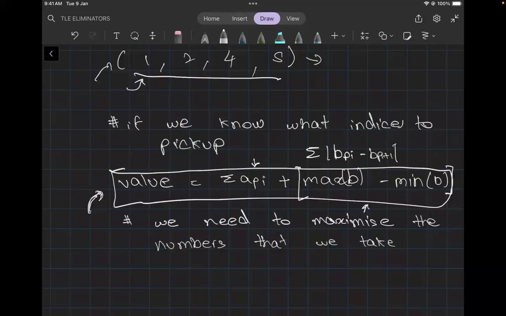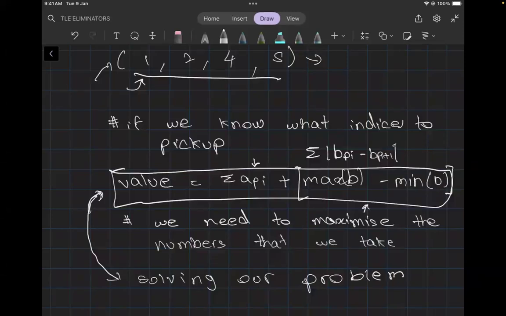So how do we convert this into solving our problem? How does this help us? Okay, let's take an example and I'll show you how to solve this.